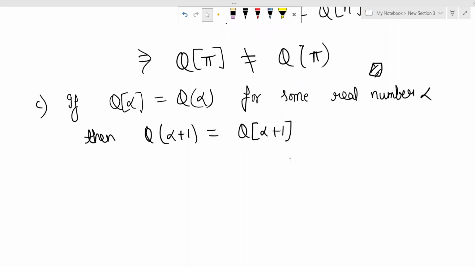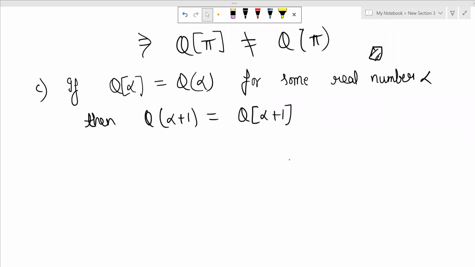Okay, let me ask a question, and you should answer this by the first part, part A. For what real numbers alpha is it valid?